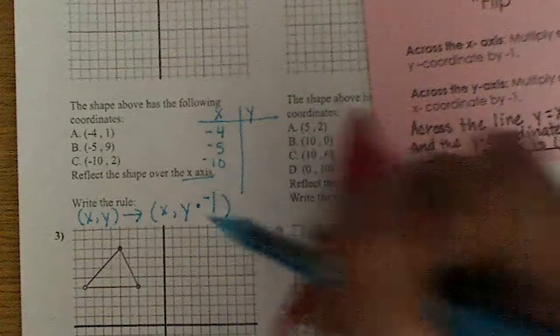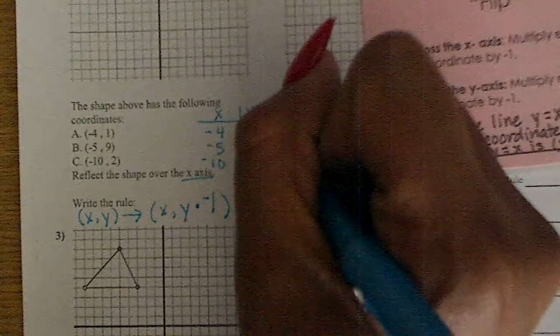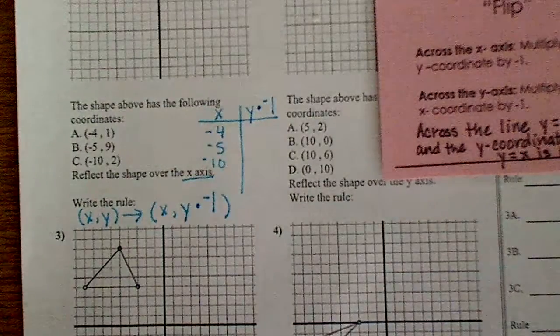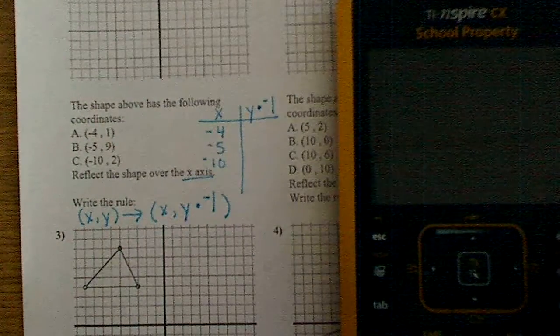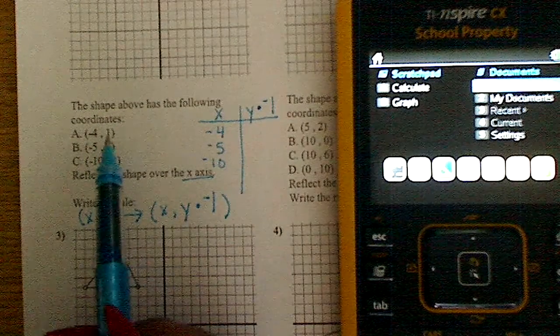And what are we going to do to y? Multiply it by -1. So we're going to write y times -1, so we'll remember to do it. Then we're going to get our calculator. And what's our y where x is -4?